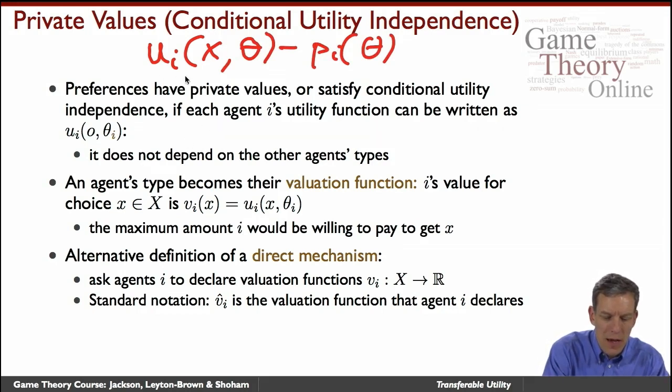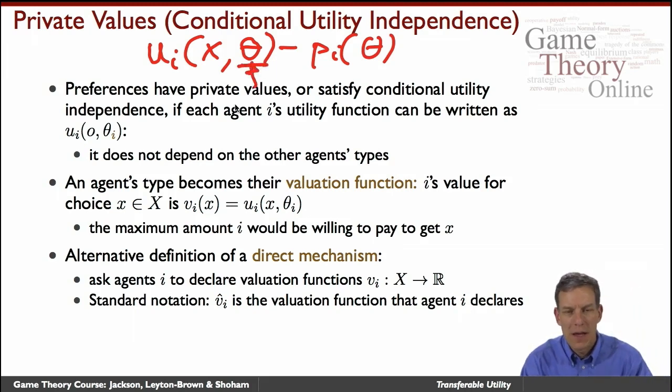What we're going to do now is look at situations where there's a further assumption made, where instead of having people's preferences depend on the full vector of types in the society, they depend only on their own type.